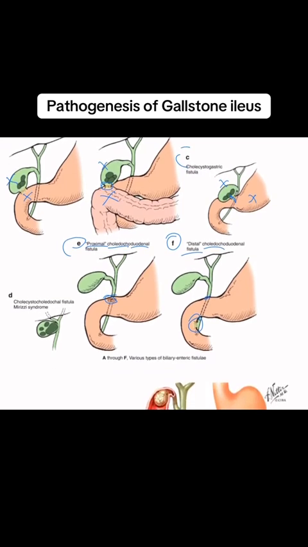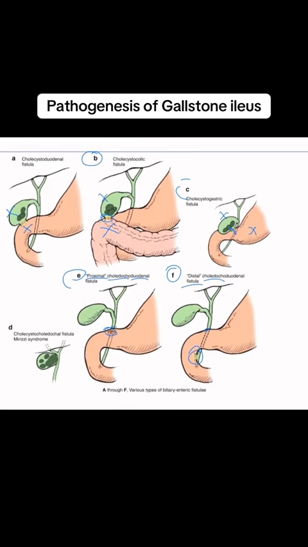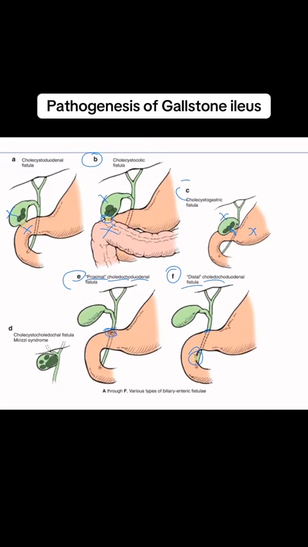And the other complication of stones in the gallbladder is that if the cystic duct is obstructed with a large stone, something like this, compression of the stones on the hepatic duct can lead to something called Mirizzi syndrome.